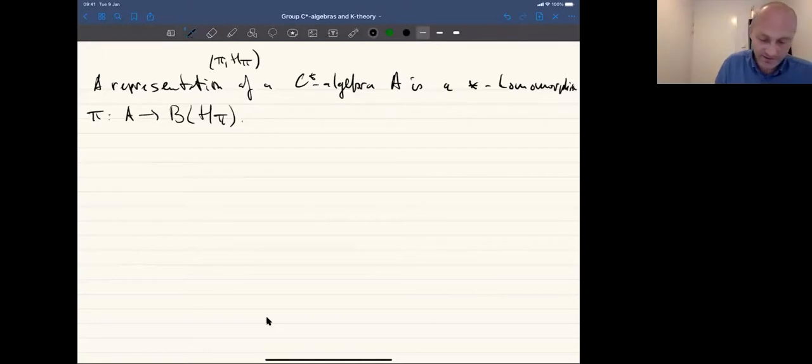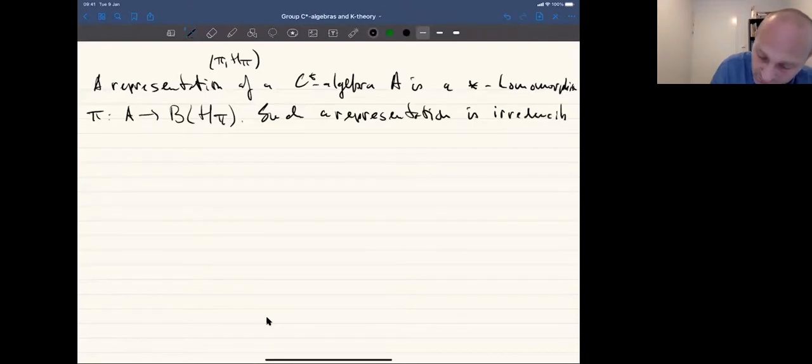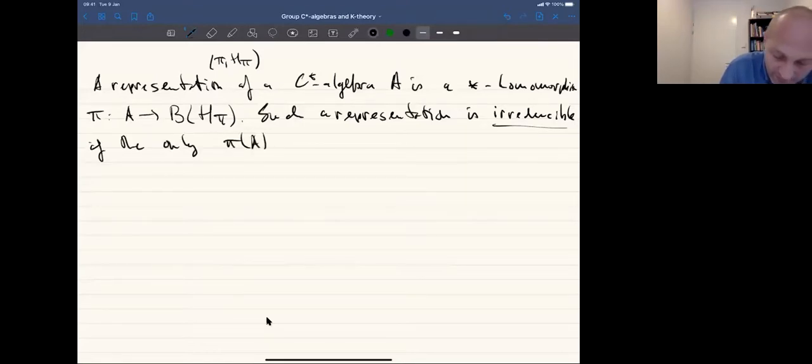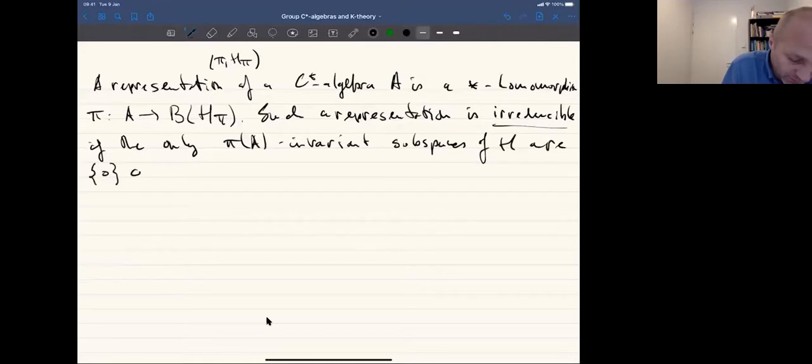And you can say that such a representation is irreducible if the only pi A invariant subspaces of H are 0 and H itself.